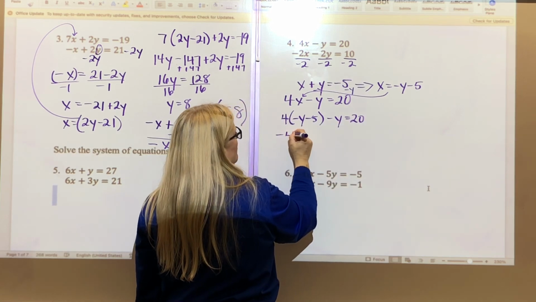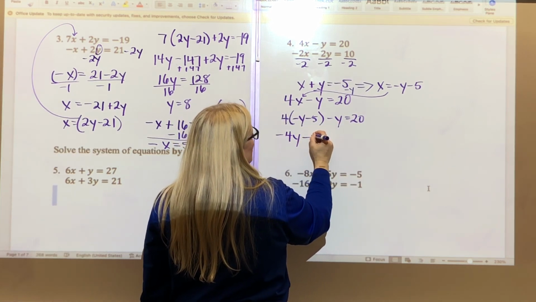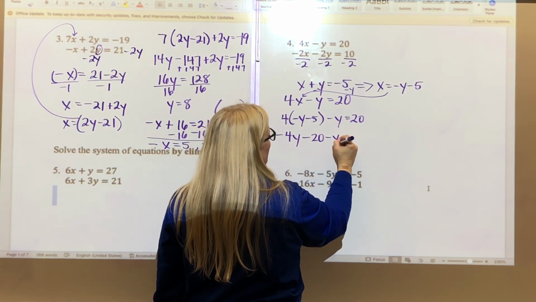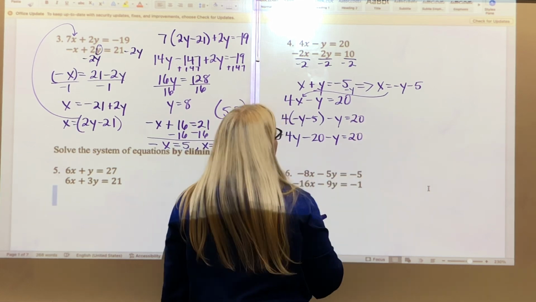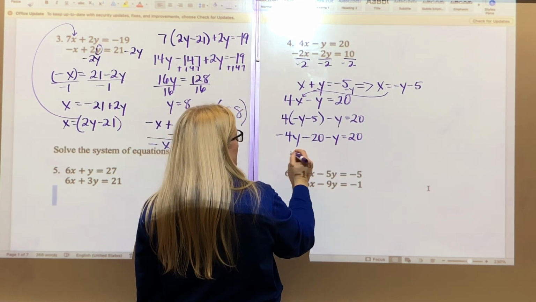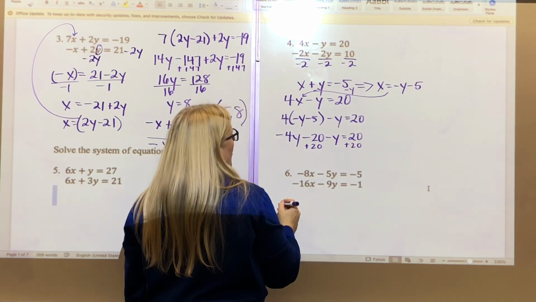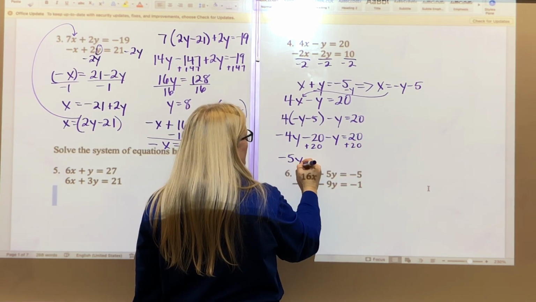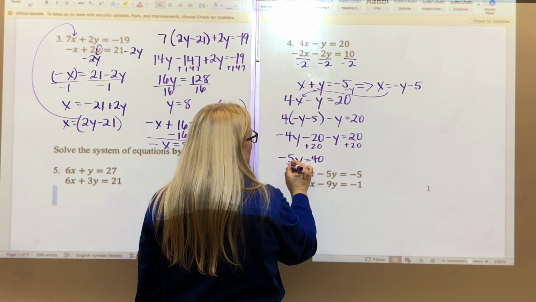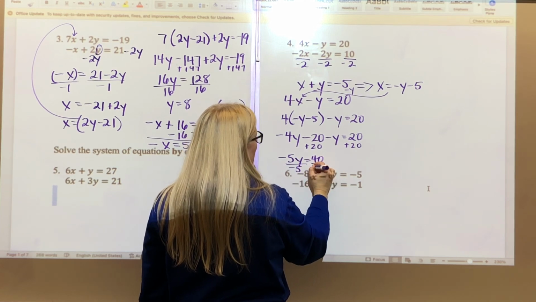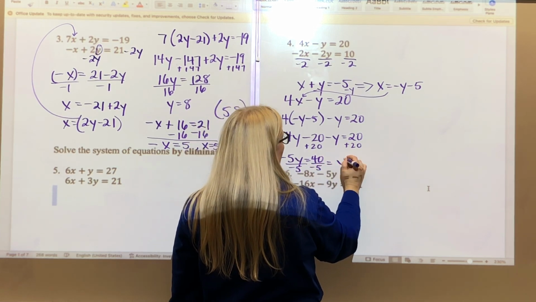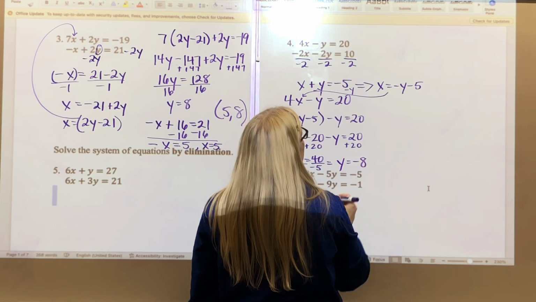So this is negative 4y minus 20 minus y equals 20. Combining like terms and adding 20 to both sides, I get negative 5y equals 40. Divide by negative 5, and y equals negative 8.